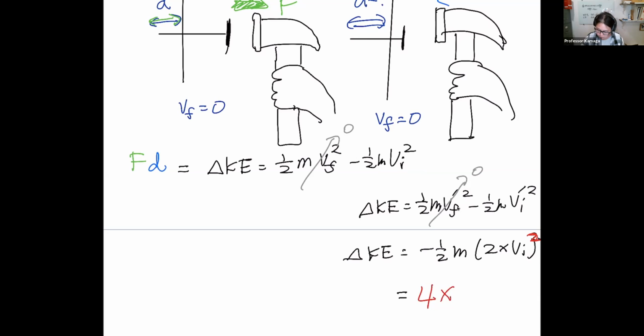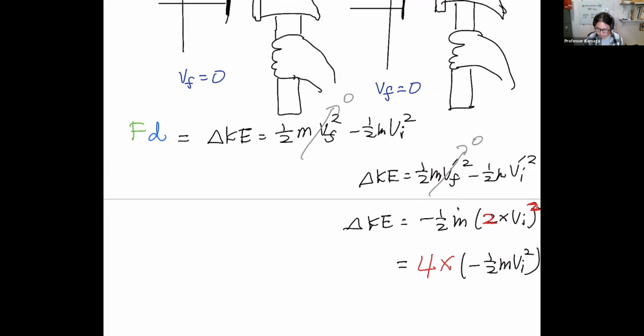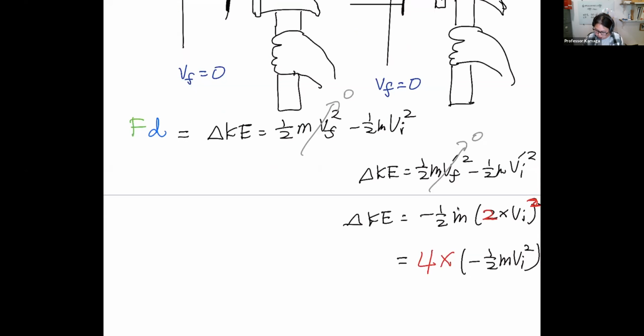Because of the square, it's 4 times minus 1/2 m Vi squared. Twice the speed, because of the square, gives 4 times the energy.